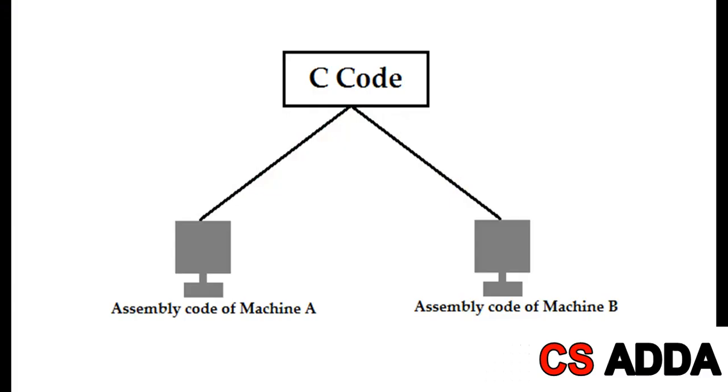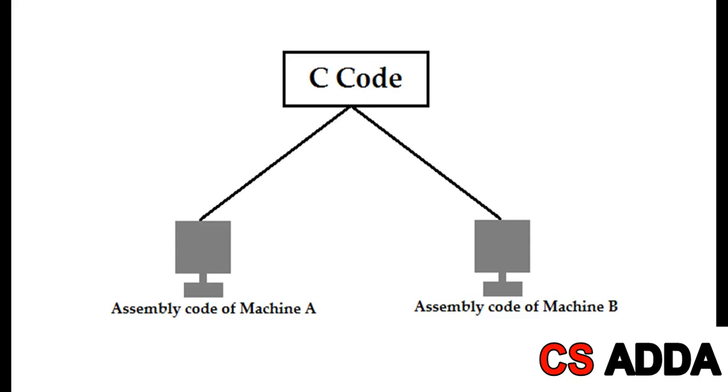If you look at this diagram, you see the C language is the same for machine A and machine B, but the assembly language, which is a lower level language, is different in machine A than that of machine B only if the computer architecture of machine A is different from that of machine B, and the C compiler just converts this C language to assembly language.